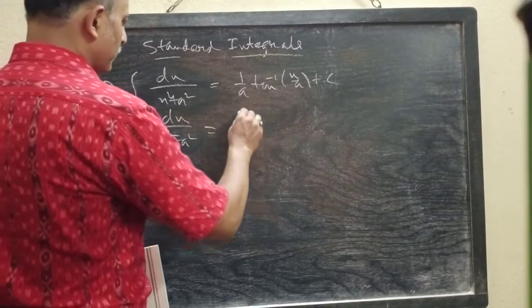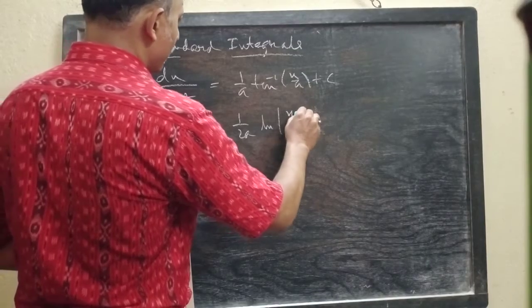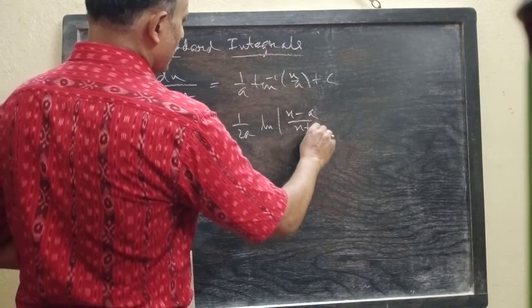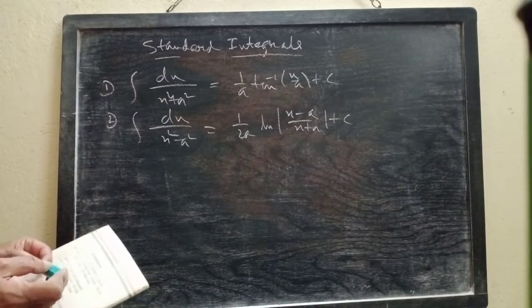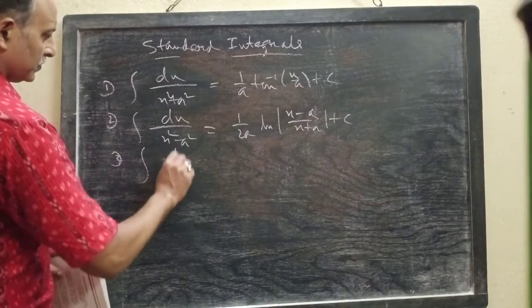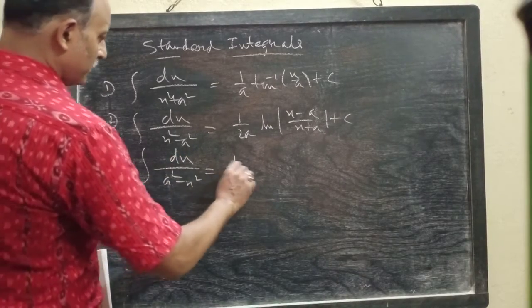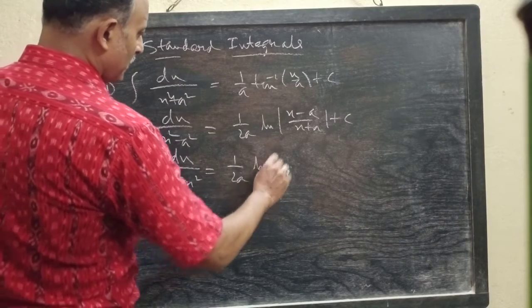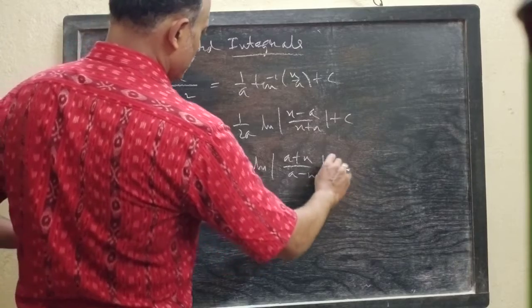This was 1 by 2a log of mod of x minus a by x plus a plus c. Then number 3, a square minus x square. This was 1 by 2a log of mod of a plus x by a minus x plus c.